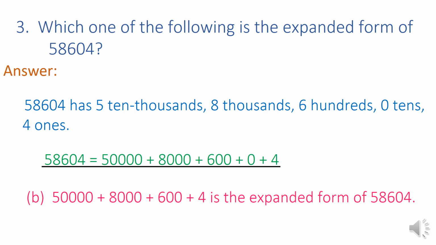So the option B, 50,000 plus 8,000 plus 600 plus 4 is the correct expanded form of 58,604. Now we are going to the next question.